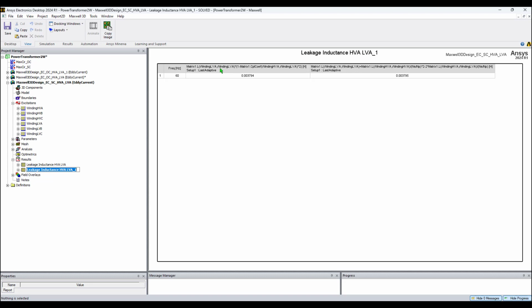We use this expression, which is self-inductance of low voltage phase A winding times, parentheses, 1 minus the coupling coefficient squared with respect to high voltage phase A and low voltage phase A. And we use the expression, again, on the right side, the expression using self-inductance of low voltage phase A and self-inductance of high voltage phase A and the turns ratio and the mutual inductance between these windings. Okay, so all these results match, they're identical, almost identical.